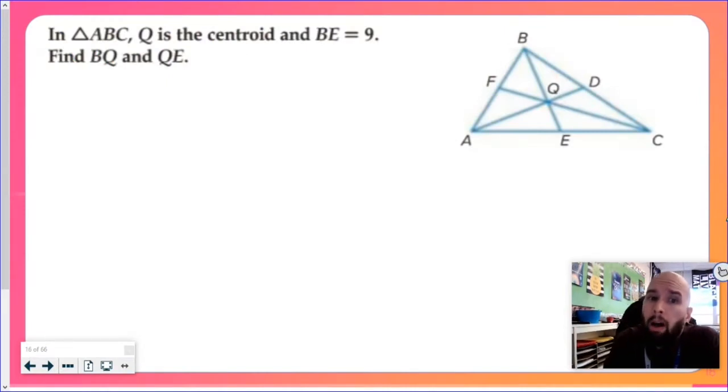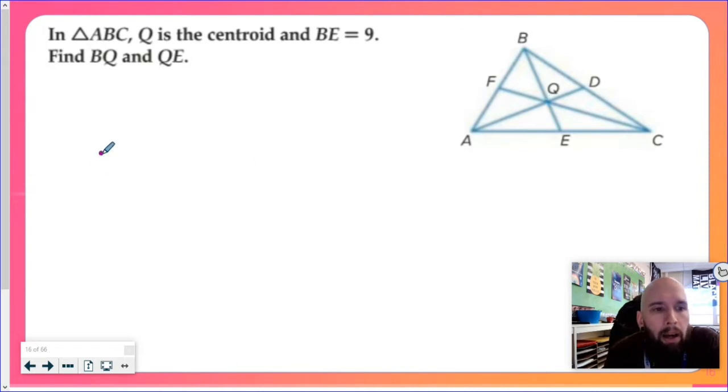Today we're going to talk about what a centroid is. A centroid is the result of taking lines that go through the midpoint, also known as a median, and those lines intersect at a point called the centroid. When that happens, you have a fun little thing happening.